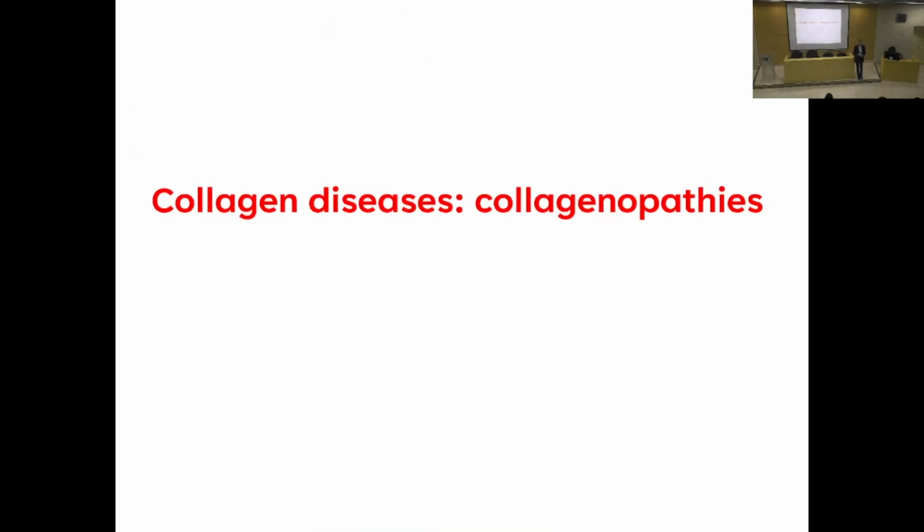Same thing, defective collagen means disease. When there is a problem in collagen, there is a disease, and we call these diseases collagenopathy, a group of diseases. I took two examples of collagenopathy.